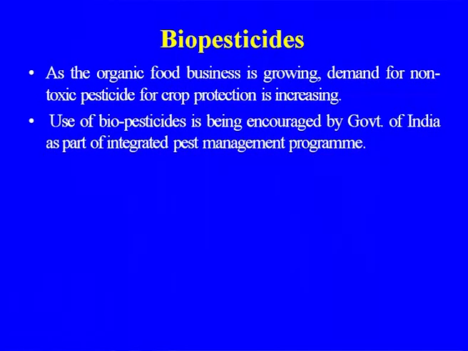You must have seen advertisements for organic food; various companies are marketing the products which we use daily as organic food. Use of biopesticides is being encouraged by the Government of India as part of the integrated pest management program.